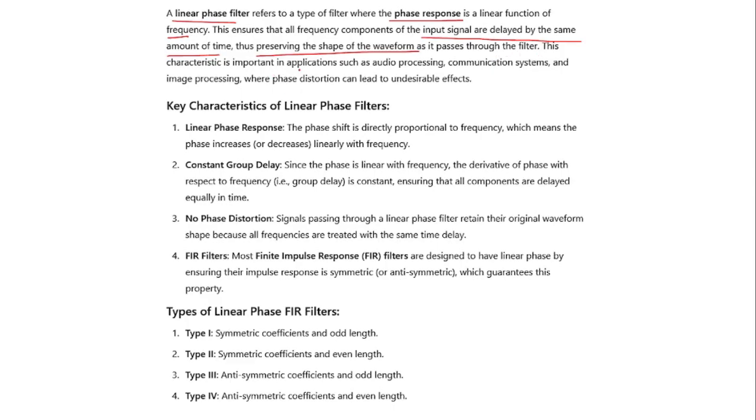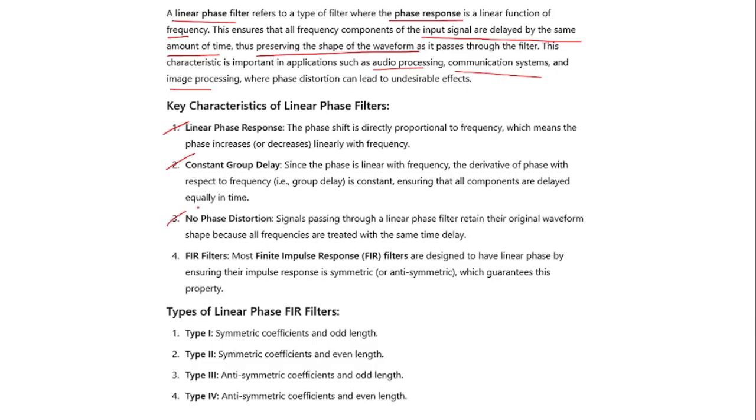This characteristic is important in applications such as audio processing, communication systems, and image processing, where phase distortion can lead to undesirable effects. Key characteristics of a linear phase filter: linear phase response, which we have already seen, and constant delay.